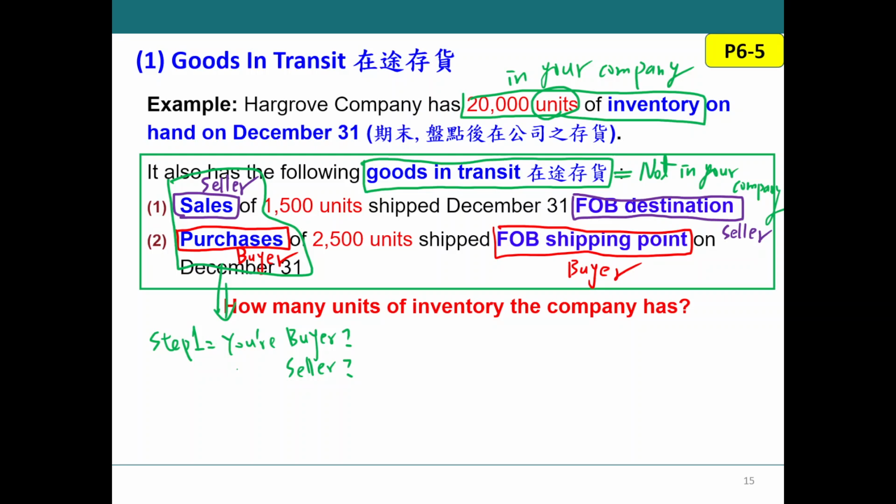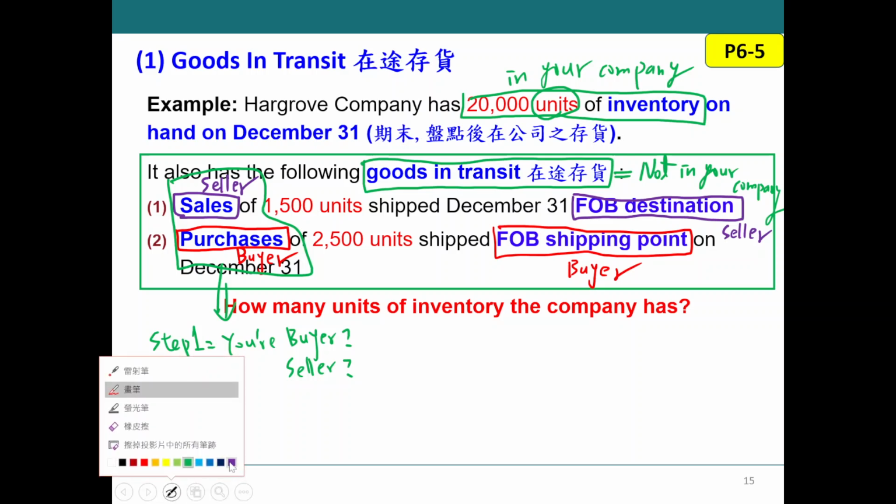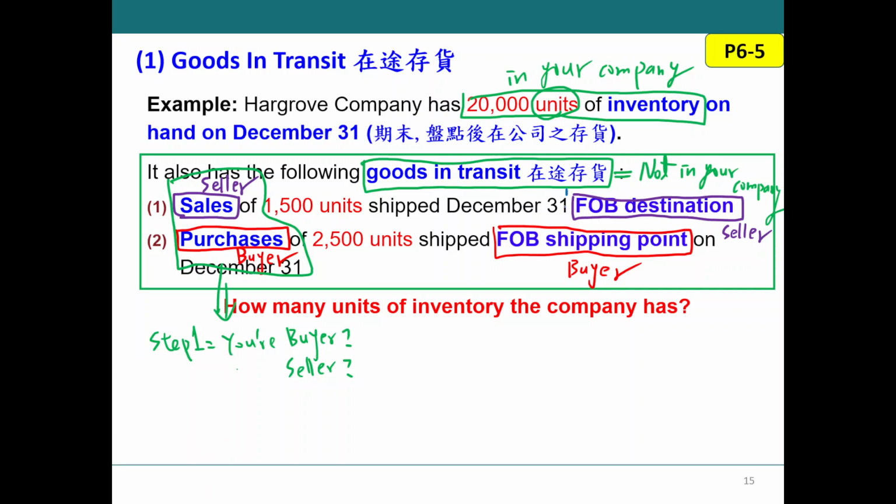Look at the deal you made with the other company. Okay, so the deal told you shipping point or destination, then who has these two apples. So step two, look at the deal to figure out.